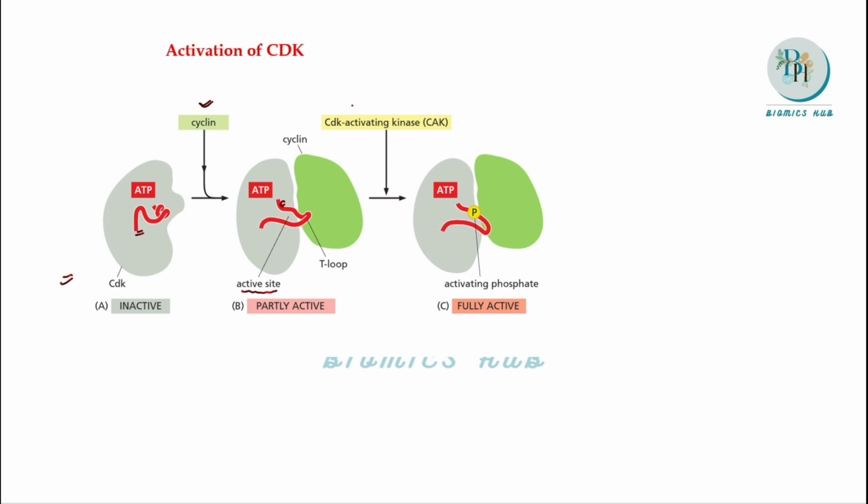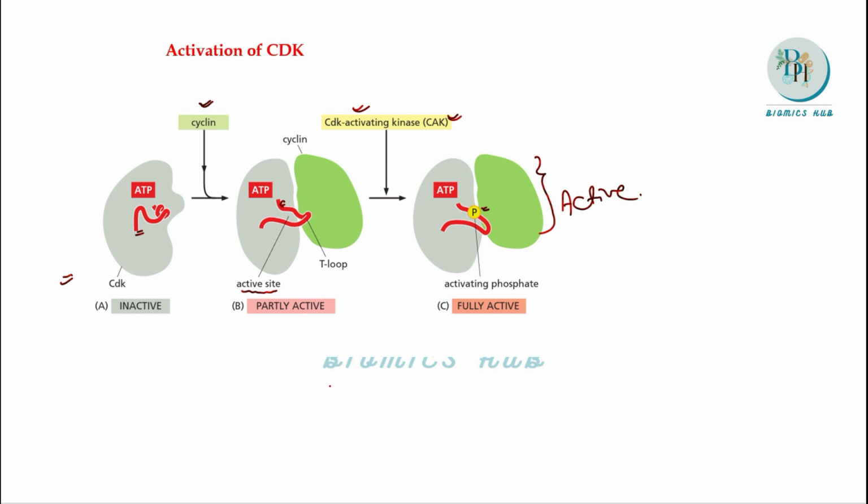With the help of another kinase, a CDK activating kinase, this T loop is phosphorylated. The activating site of the T loop is phosphorylated because, as we know, the kinase helps in phosphorylation. The CDK which was in the inactive form is now in the active form.